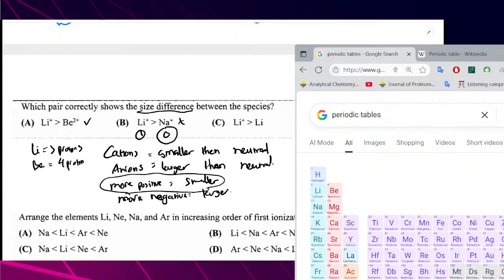Like I mentioned, 3 against 3 will be different from 3 against 2. You can illustrate the electrons in the orbital as tending to be pulled to the center. So based on the concept that a cation is smaller than neutral, this one is incorrect.